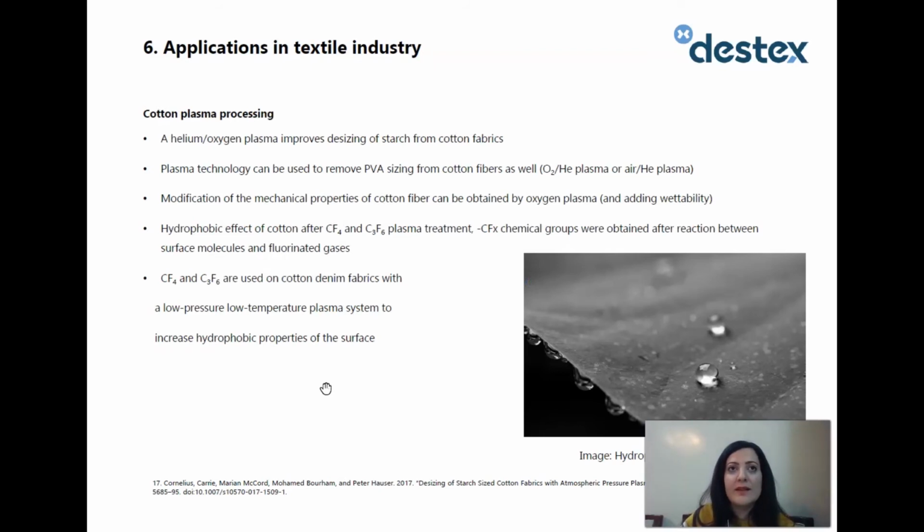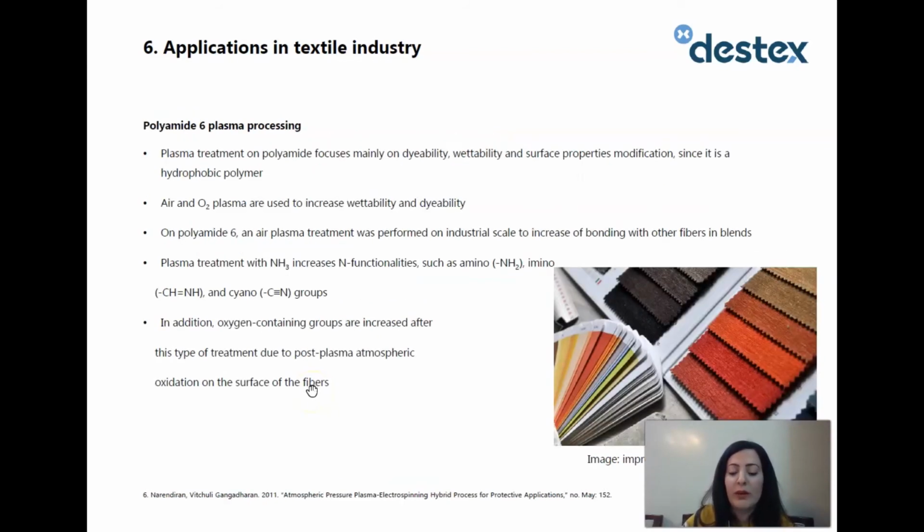Regarding plasma, it is very versatile, and usually any fiber is possible to treat with plasma, especially cotton and polyamide. Even synthetic fibers and polymers can be treated with plasma, because many types of plasma are cold or room temperature, so they won't affect the end properties of the polymer regarding temperature.